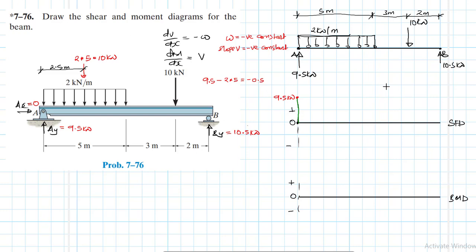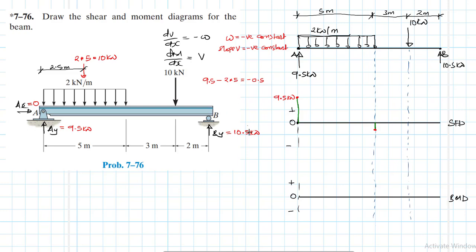So at this point here, let me just draw these lines because we expect a change of behavior where the load begins and where it ends. Alright, so we expect a negative coming down like this. Let's say this is our negative here.